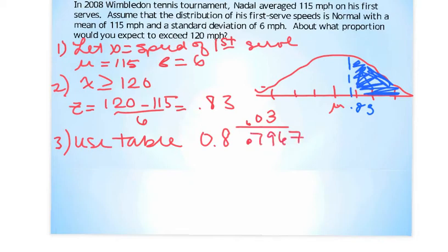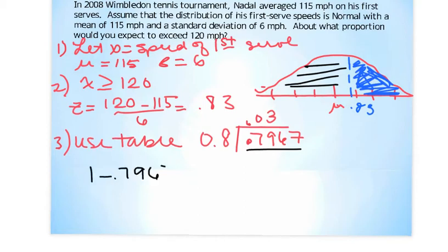If you're having trouble reading this chart, come see me. So I know that the area to the left, all of this, is 0.7967. So to find the area above 120, I do 1 minus 0.7967, and I get 0.2033.